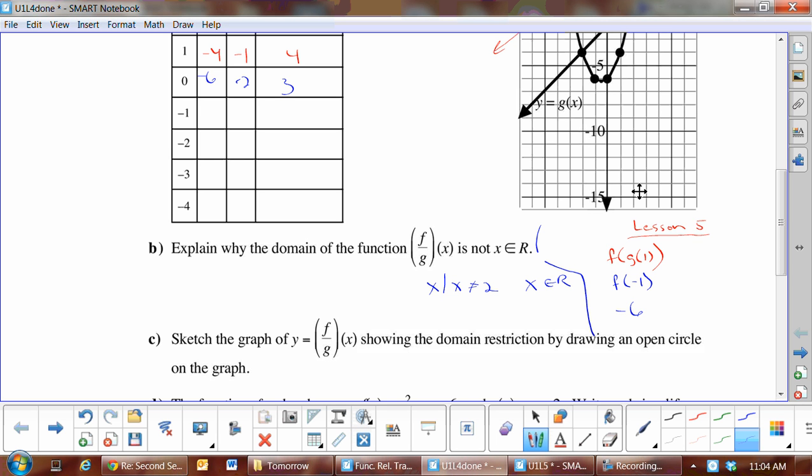Okay, now let's do one more since I've shown you how to do it. See if you can get g of f of negative 4. Yell it out as soon as you get it.